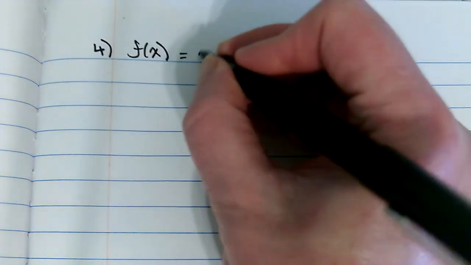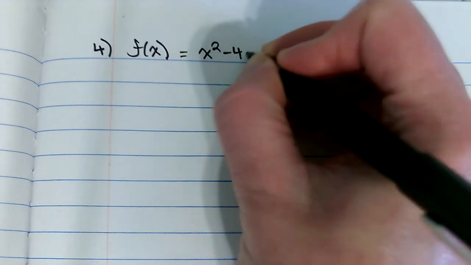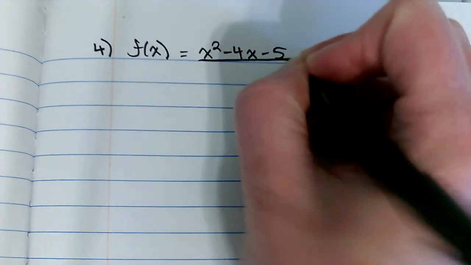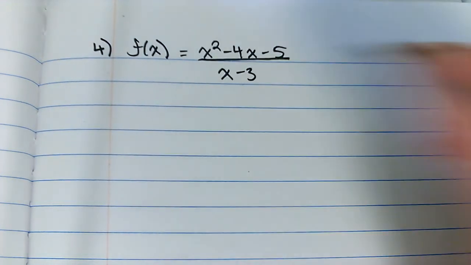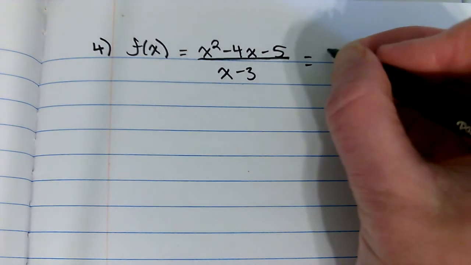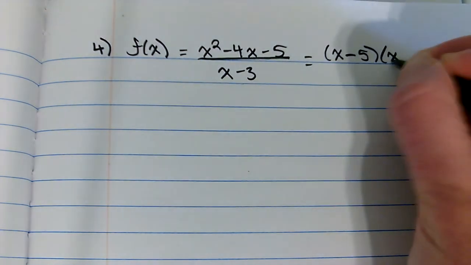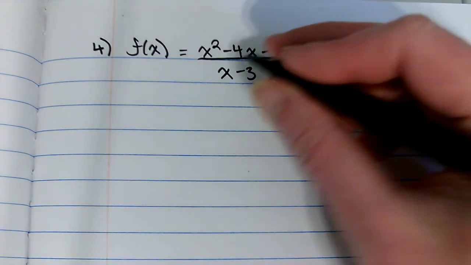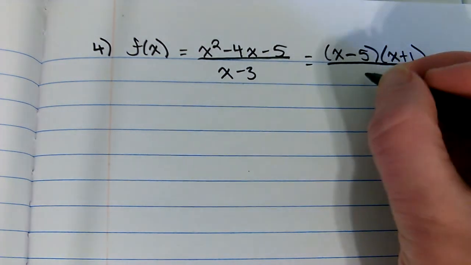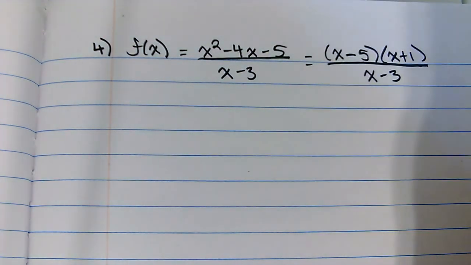Last example, because we have not done one that had a bigger numerator. It would be x minus 5, x plus 1, which multiplies to be negative 5 and adds to be a negative 4.